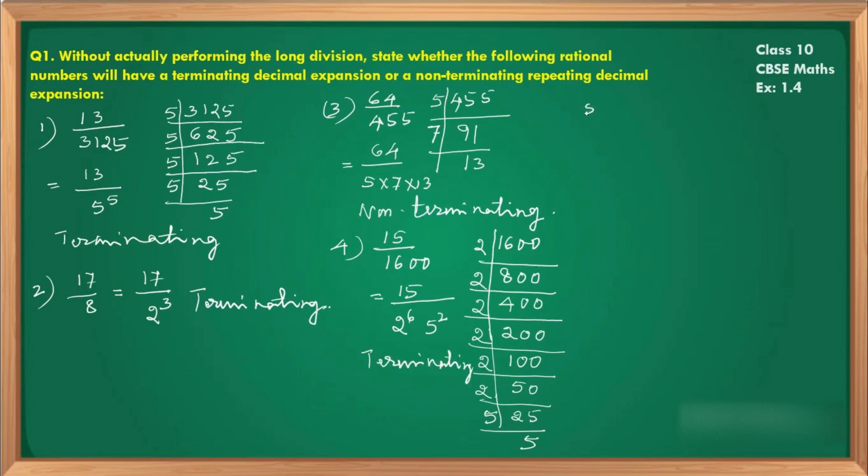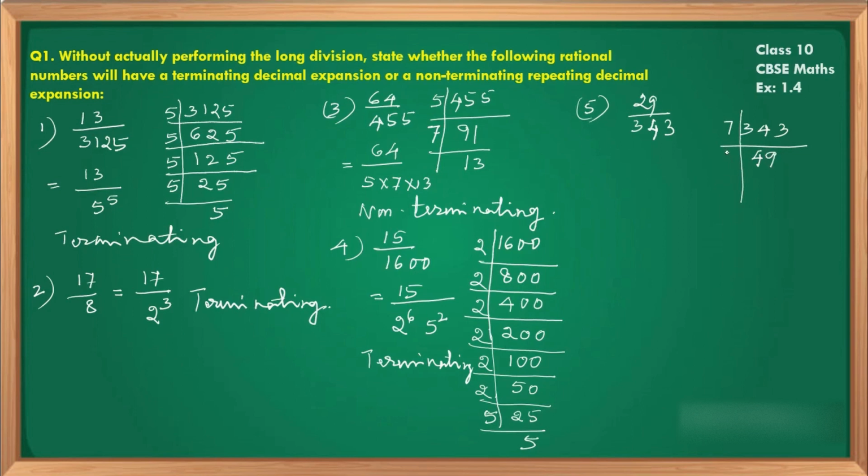Now let us go for the fifth question. Fifth question is 29 divided by 343. 343 can be factorized like this. You have to divide this by 7. 7 forty-nines are 343.